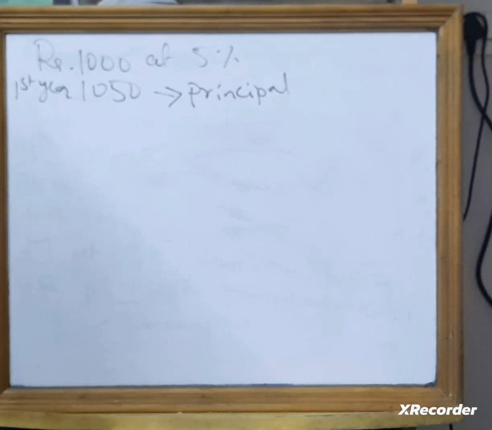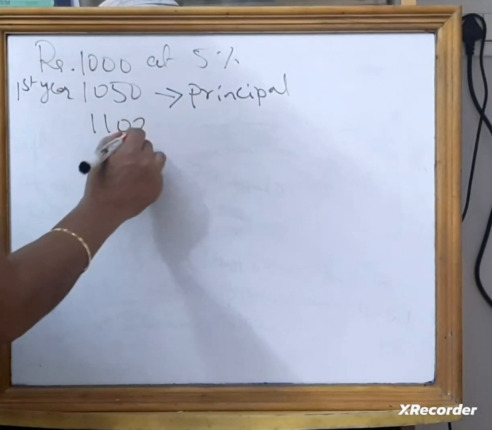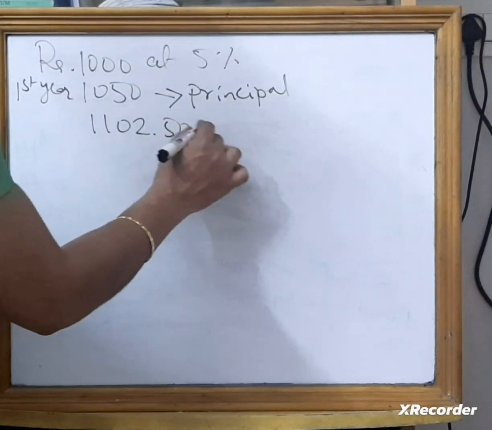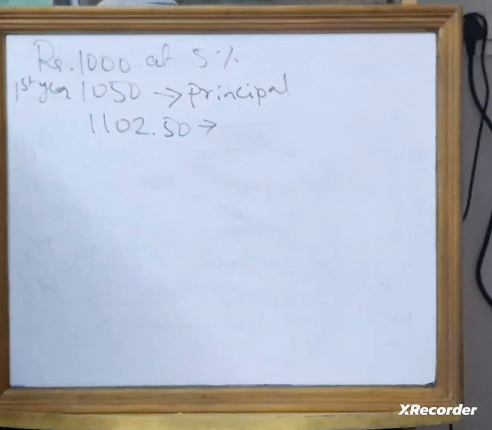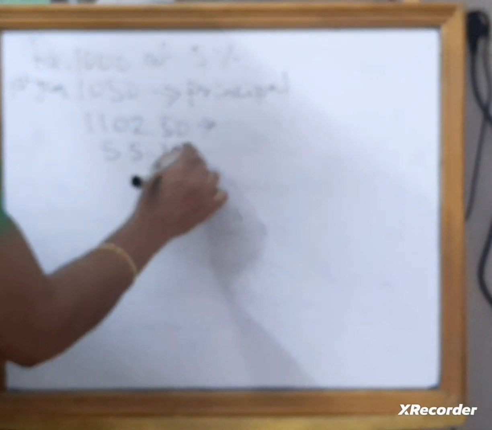At the end of the next year, there would be rupees 1102.50 in his account in the next year as the principal amount. So this would represent the principal for the third year. The amount of interest earned would be rupees 55.125.